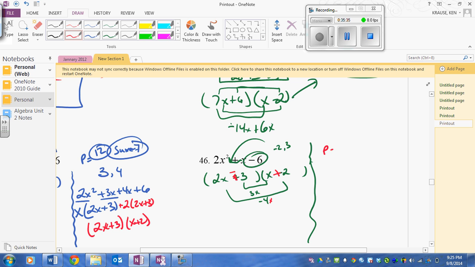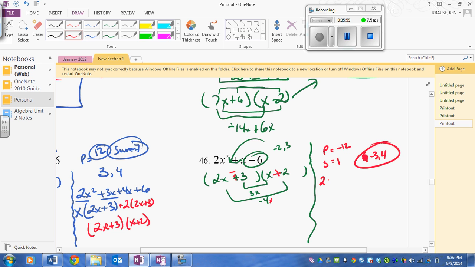Product, sum. The product has to be negative 12, and the sum has to be 1. So the two numbers are negative 3 and positive 4. Because those multiply to negative 12 and add up to 1.